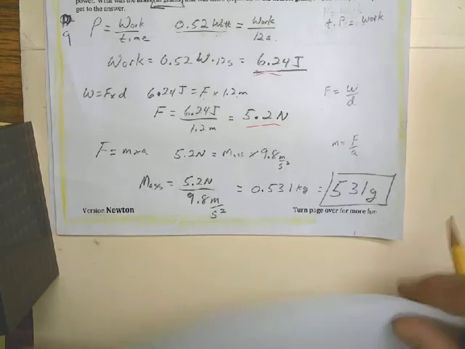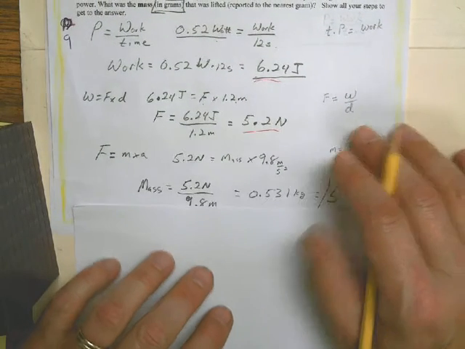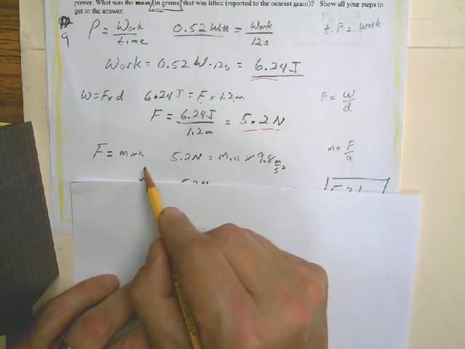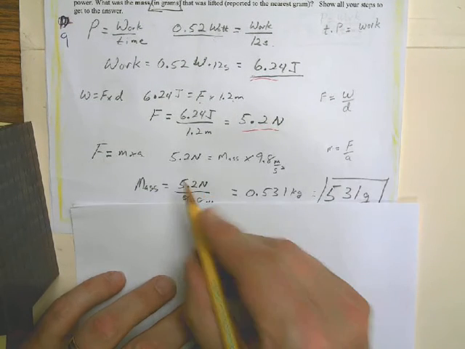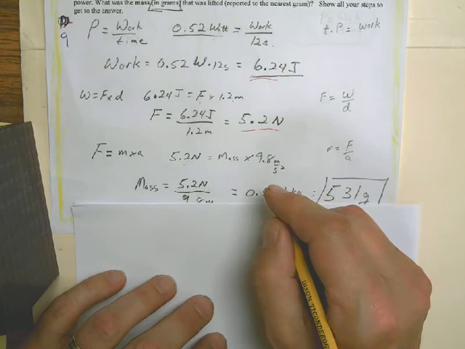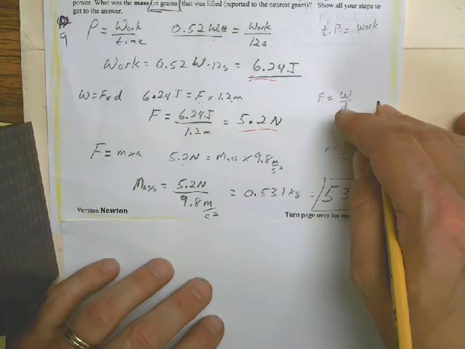Now we've got enough information to find the mass. The force equation is force equals mass times acceleration, and we've got 5.2 newtons for force. Acceleration is always 9.8 meters per second squared with these water wheels because we're lifting against gravity.